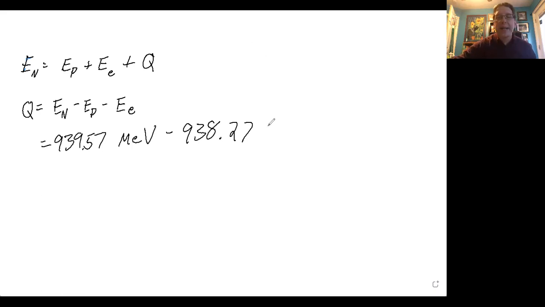So we subtract 0.51 mega electron volts. If basically all this goes to the kinetic energy of the electron, you get 0.79 mega electron volts.